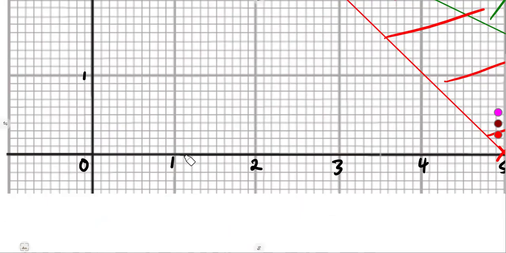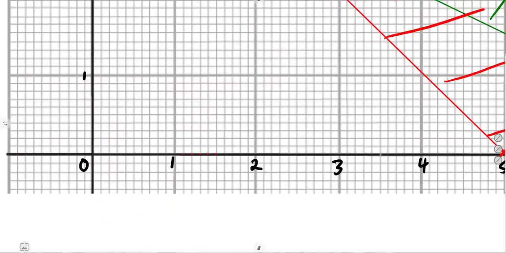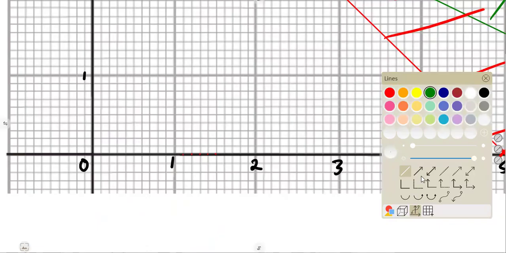In between 1 and 2, you're supposed to count 5 boxes: 1, 2, 3, 4, 5. So this is where we're going to have, and it is going to be a continuous line, greater than or equal to. So that's a continuous line that you are going to have on that part.